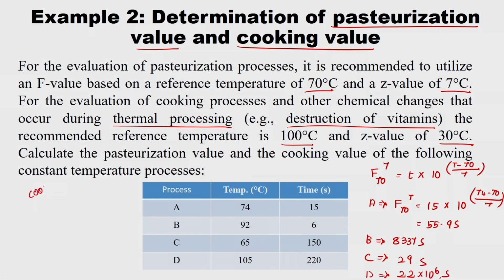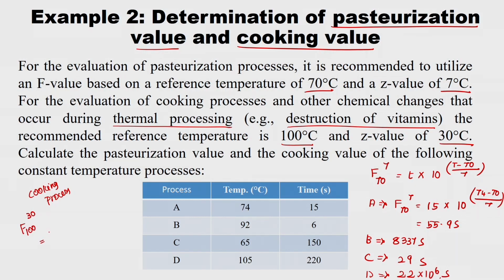For cooking value, they told us to take some other reference. So, that becomes F 100 with z of 30 as the reference value.